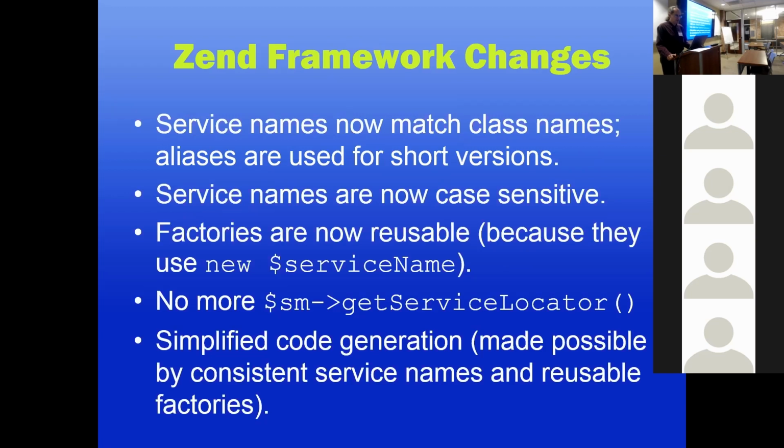But with the new Service Manager, the convention is now every service name matches the name of the class that is provided by default for that service. So if you want a VuFind record loader, you just say Service Manager get VuFind record loader, and you get a VuFind record loader. You can, of course, still override the Service Manager so that it returns your local subclass of the record loader.